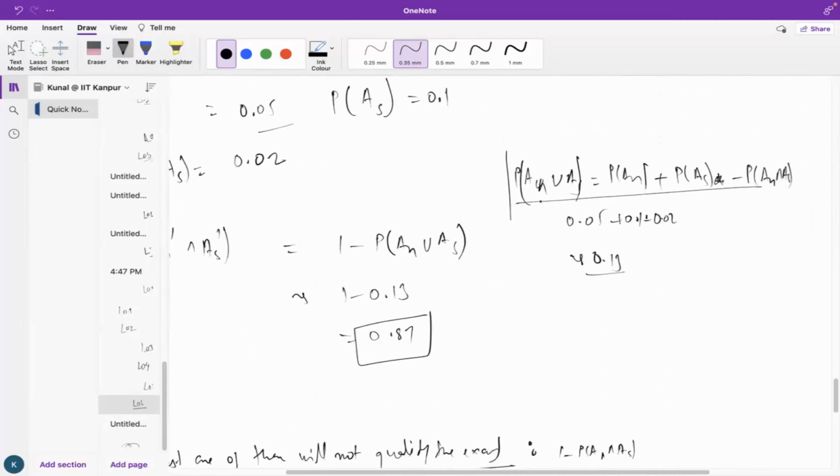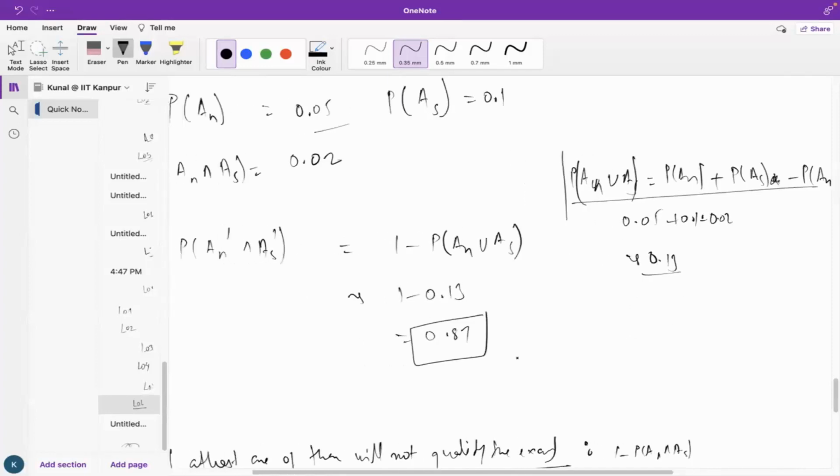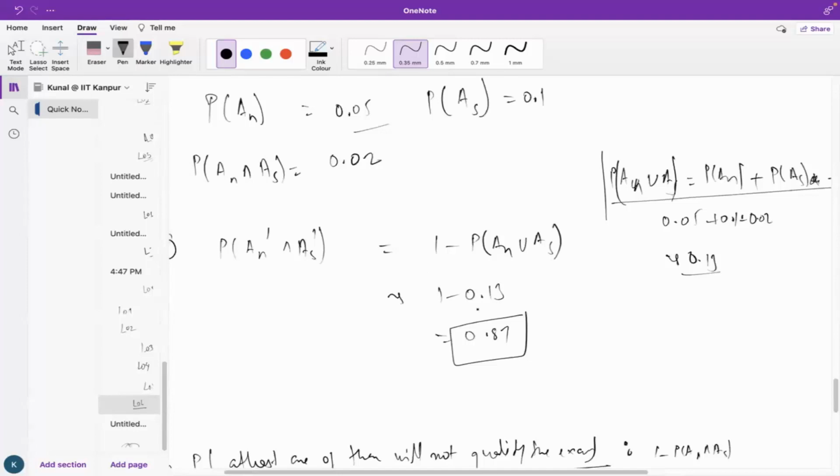Okay, so probability of Anil passing, probability of Asima passing, minus probability of both passing. So when we calculate, we'll get 0.13. So we have to just subtract. So we'll get 0.87, and if you multiply it by 100, there is 87% chance that Anil and Asima both fail.